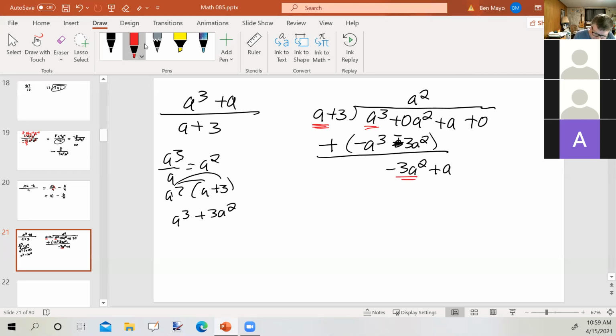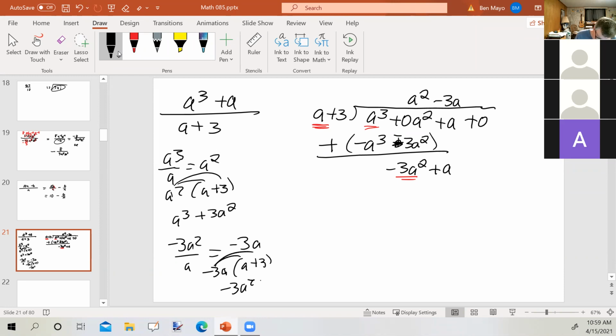Leading term inside divided by leading term outside. Negative 3a squared divided by a would be negative 3a. So minus 3a. Negative 3a times a plus 3, negative 3a squared minus 9a.